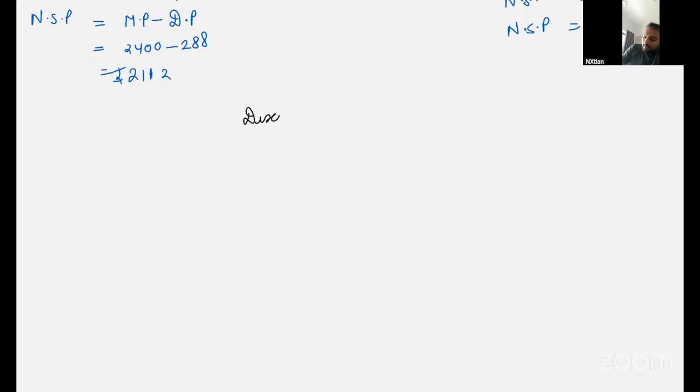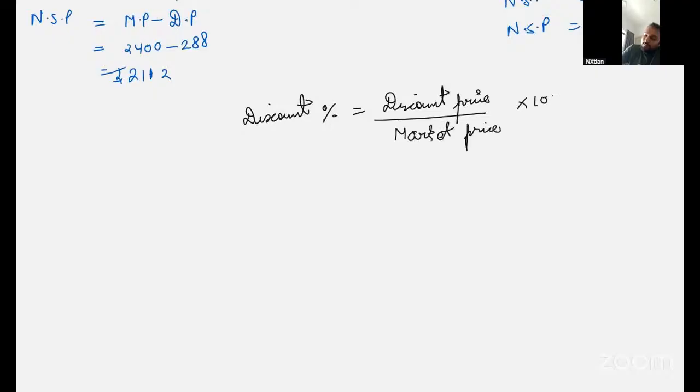Discount percentage. There is a formula for discount percentage. The discount percentage formula is discount price upon market price into 100.